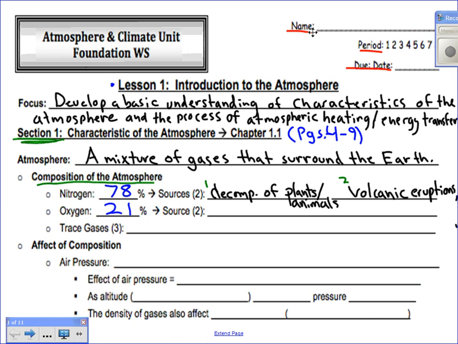So now we need to look at oxygen, which makes up 21% of the Earth's atmosphere. In this case, it's a product of photosynthesis in plants and phytoplankton. Phytoplankton are microorganisms in large bodies of water, like the ocean.